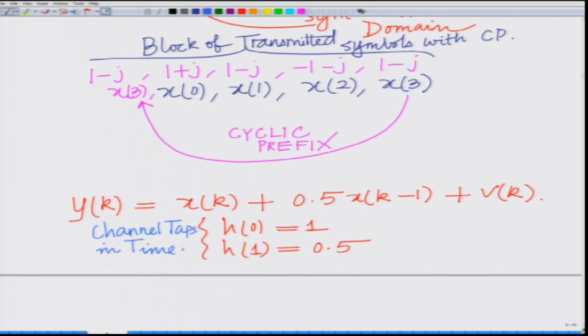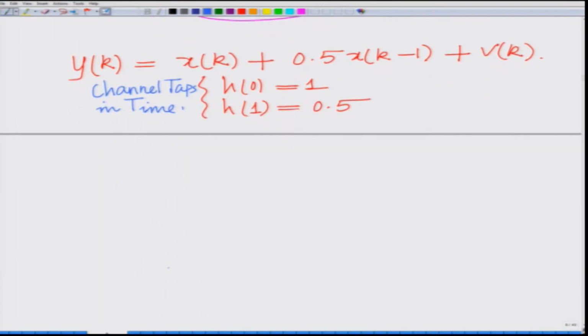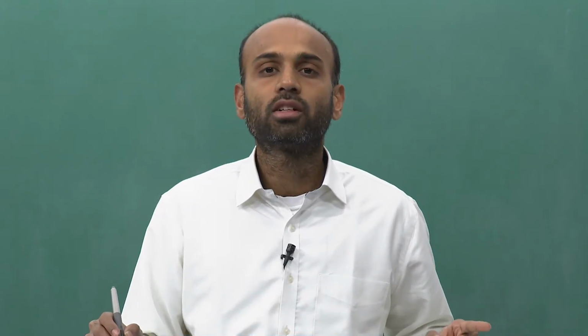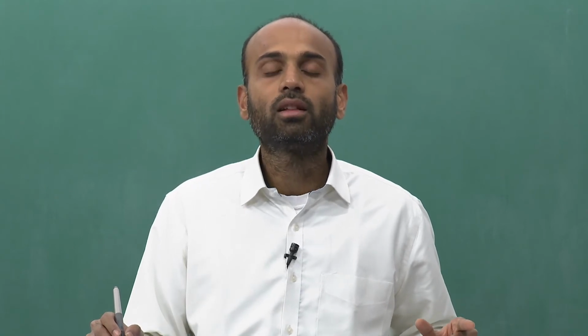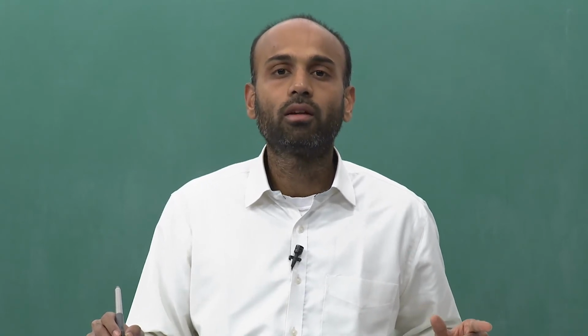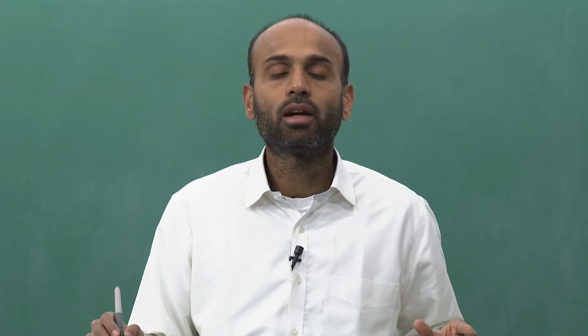Right. Now, once you transmit the cyclic prefix added block of symbols in the time domain, what you get is a circular convolution of the channel with the transmitted symbols. Once you take the FFT, you get capital YL equals capital HL times capital XL plus VL.